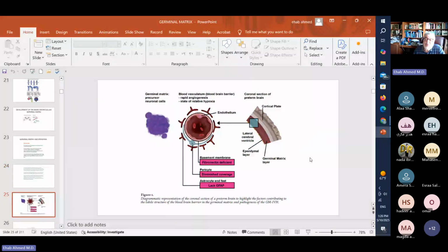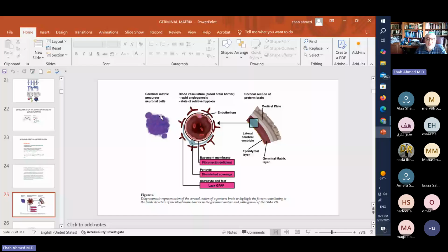So if this is a cross section, this is the skull bone, cortical plate, and then here is the ependyma. This is the ependyma, and here is the subependymal space where we can find the germinal matrix.